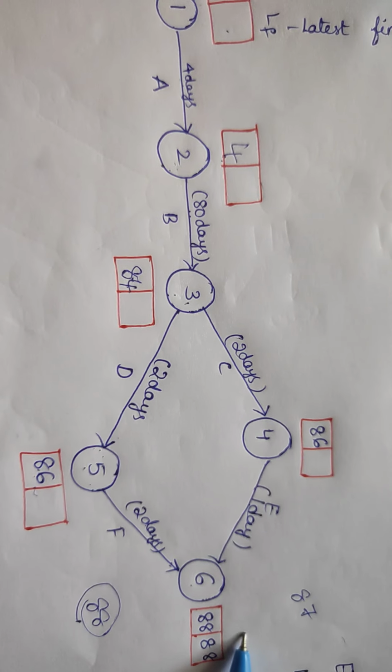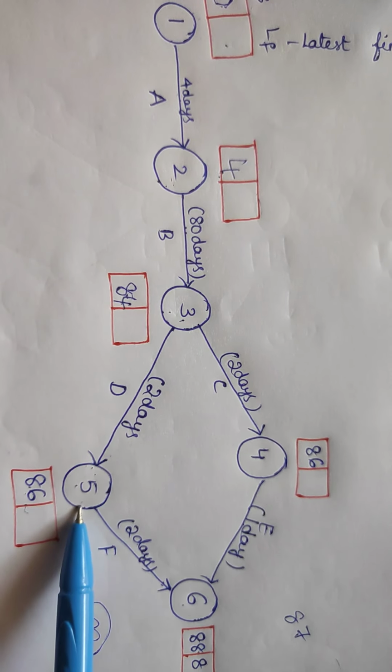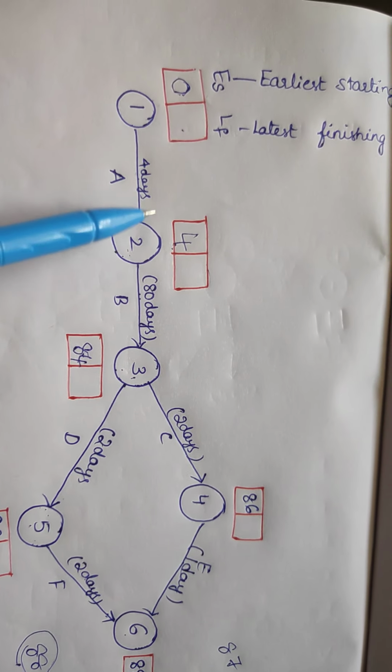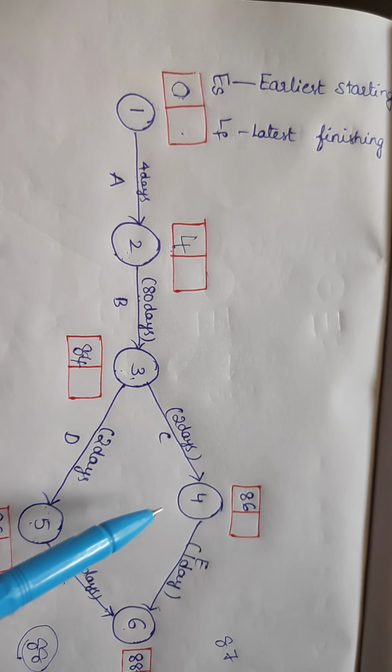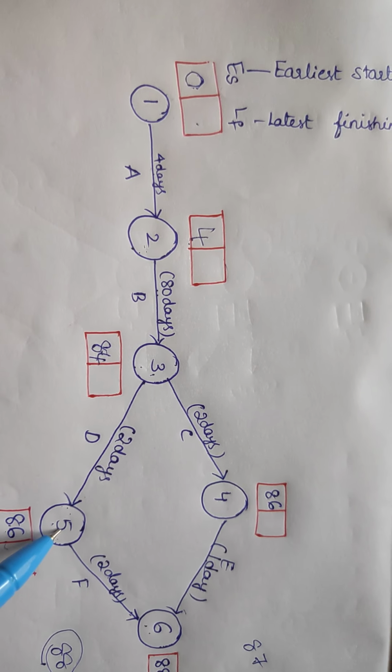After completion of the sixth one, we can go back to the fifth one, not the fourth one. So as in the sequence 1, 2, 3, 4, 5, 6, again we go backward in the network diagram. After completion of the sixth, we can go for the fifth one.